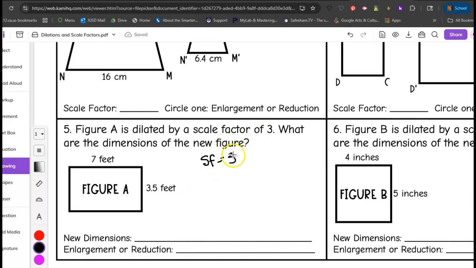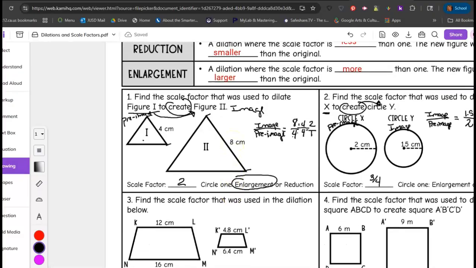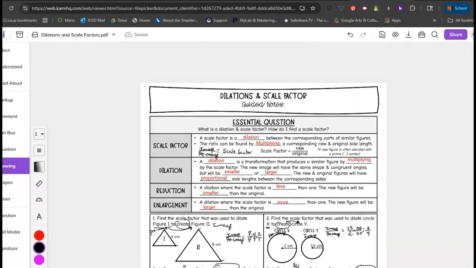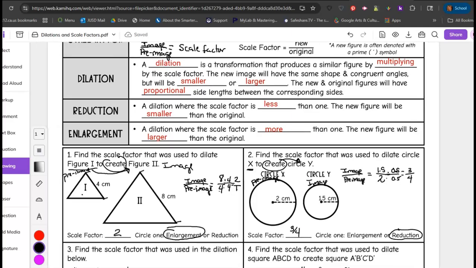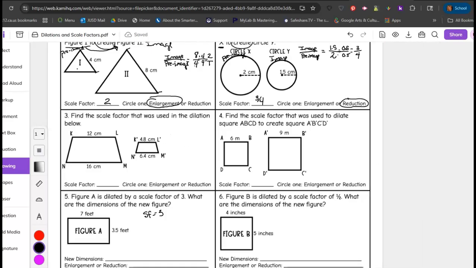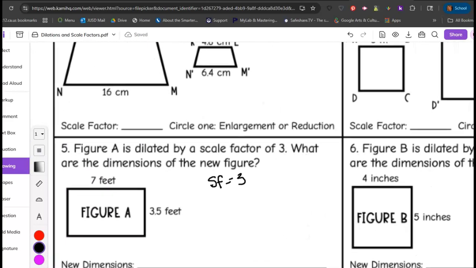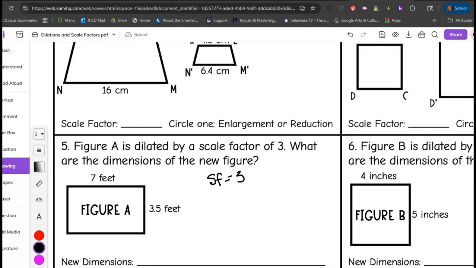So if I come back up here, it told me a dilation is a transformation that produces a similar figure by multiplying by the scale factor. If I'm going to multiply by 3, that's greater than 1. So I know that this figure is going to get larger.